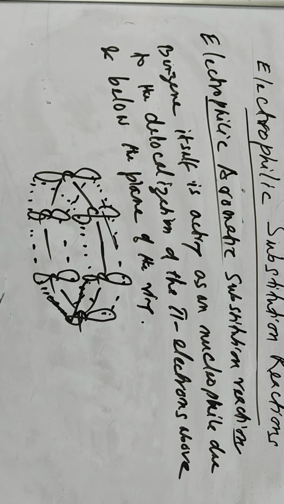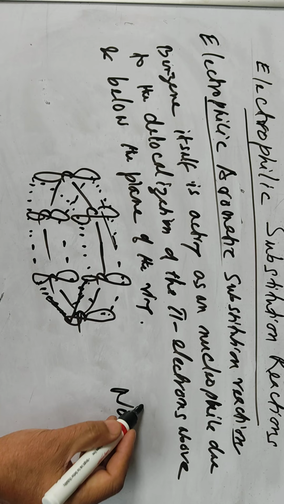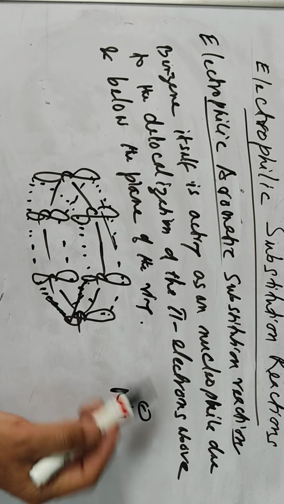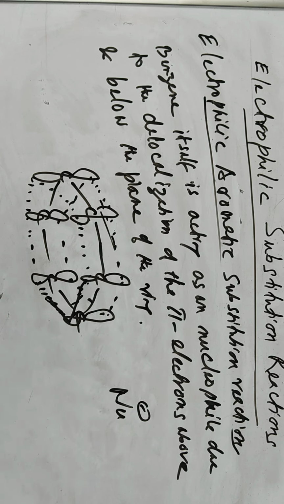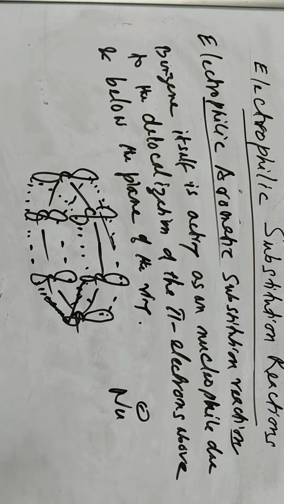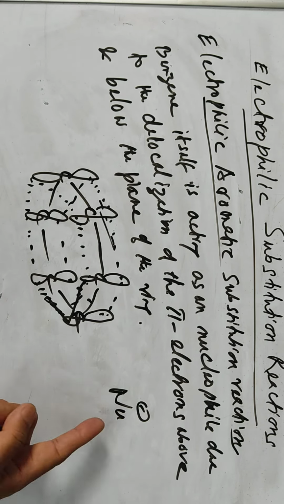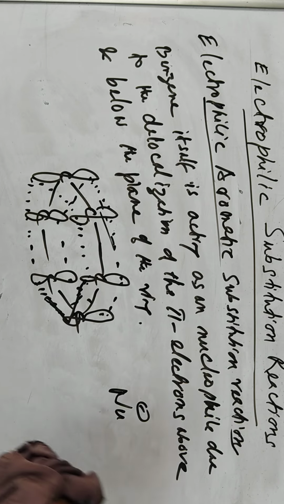If another nucleophile comes, they repel each other. The nucleophile is electron rich, and benzene is also electron rich because the pi electrons are delocalized above and below the ring. So nucleophilic reactions cannot take place in the case of the benzene ring. That's why it mostly undergoes electrophilic substitution reactions.